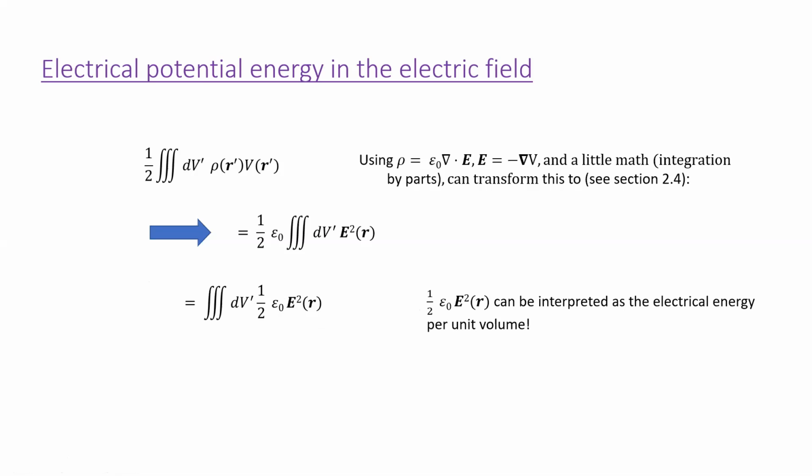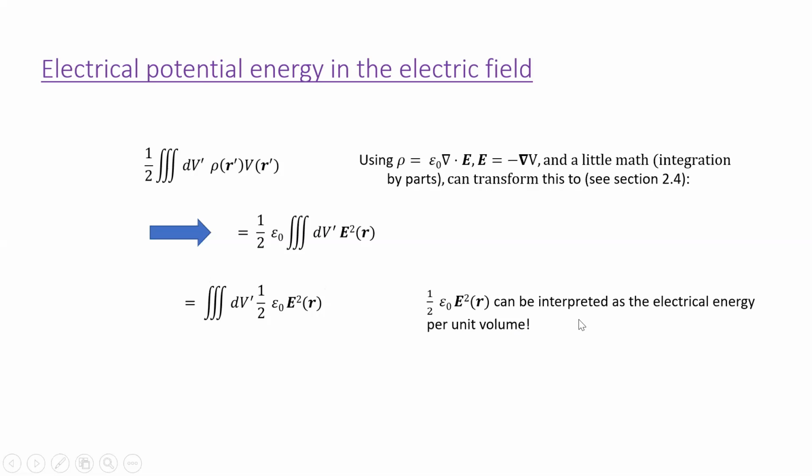So just to conclude, there's kind of two ways we can look at it. In the continuous case, we can look at the electric potential energy as being stored in the electric field, with this expression: the electric potential energy is 1/2 epsilon naught E squared of r.